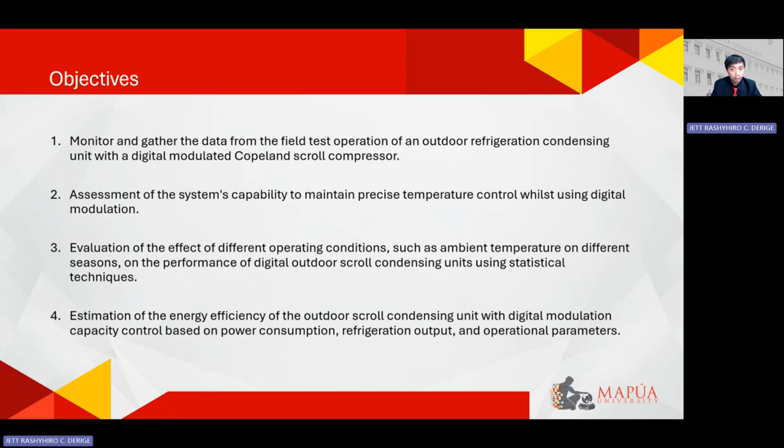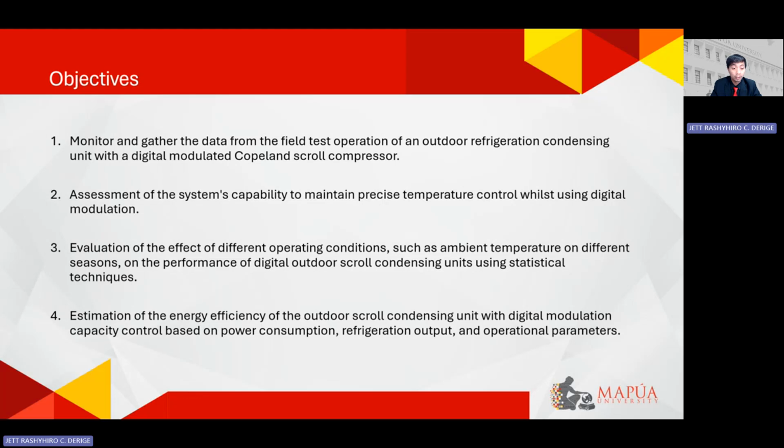Here are the objectives. Basically, the objectives are to monitor and gather the data. This was done through data extraction and data analysis, and then assessment of the system's capability to maintain precise temperature control. This was done through numerical and graphical analysis of the data, and also the evaluation of the effect of different operating conditions, such as ambient temperature on different seasons.